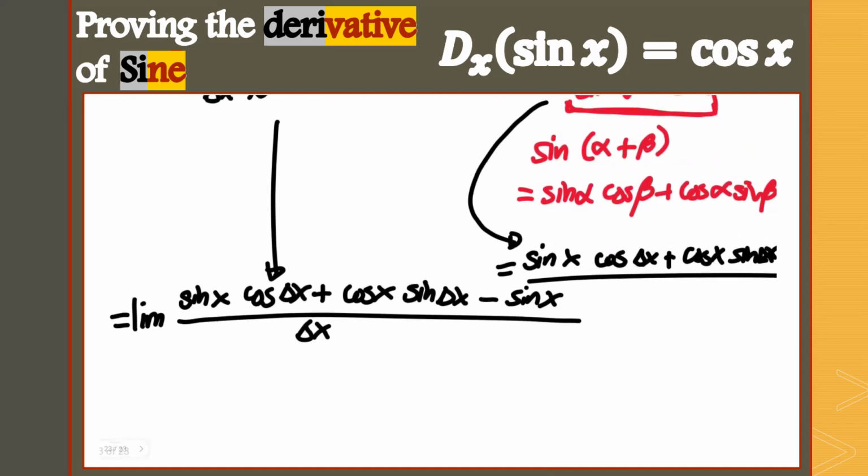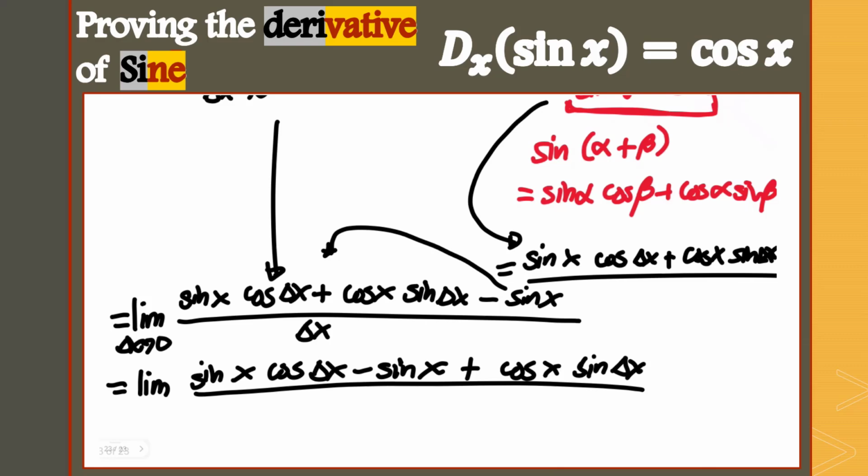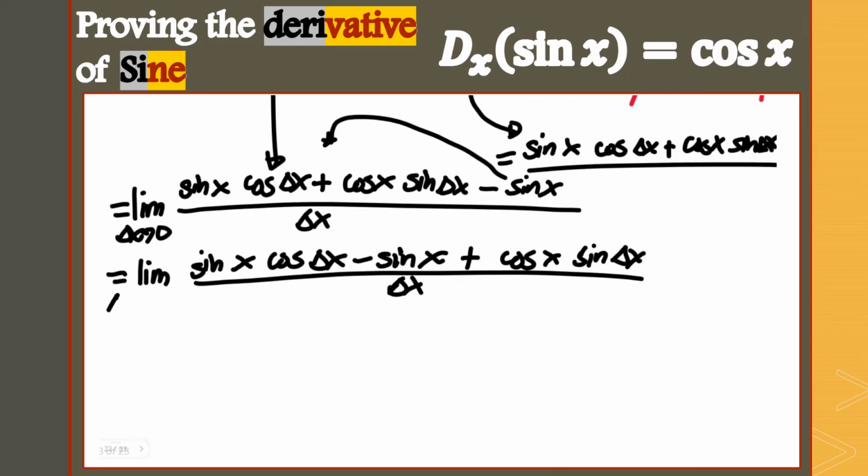As delta x approaches 0, let me rearrange some terms: sine x cosine delta x minus sine x, then plus cosine x sine delta x, all over delta x as delta x approaches 0. I'm moving that because I have a common trigonometric function, sine x, which I can take out, leaving this form now.